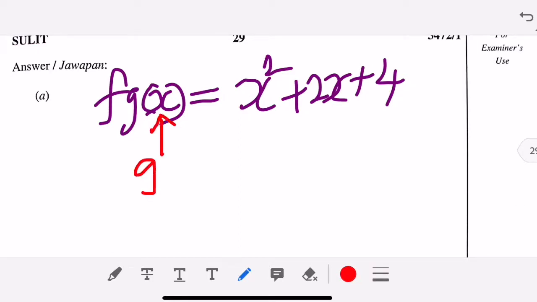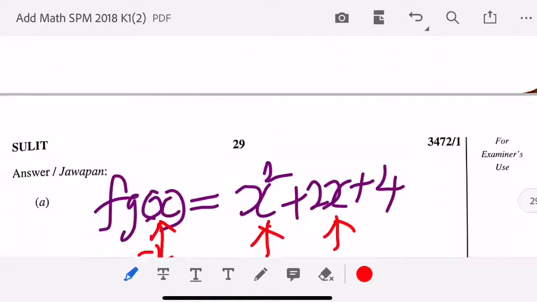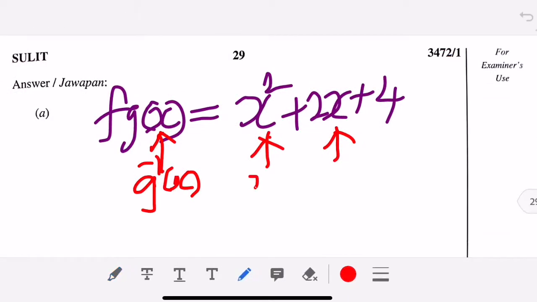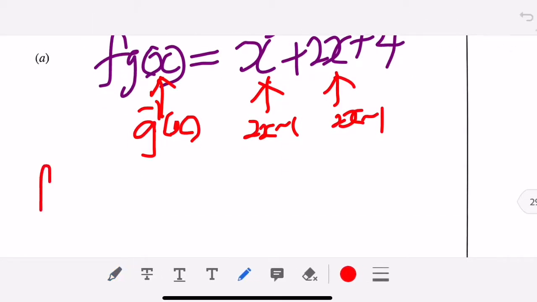I will put the inverse at the left hand side. Left hand side you put the symbol, right hand side you put the function. So it will become fg(g inverse(x)). Then I will substitute 2x minus 1 into the right hand side. Left go to left, right go to right. Remember, square you have to square, 2 times you have to write 2 times. Only the place of the x you replace with 2x minus 1.